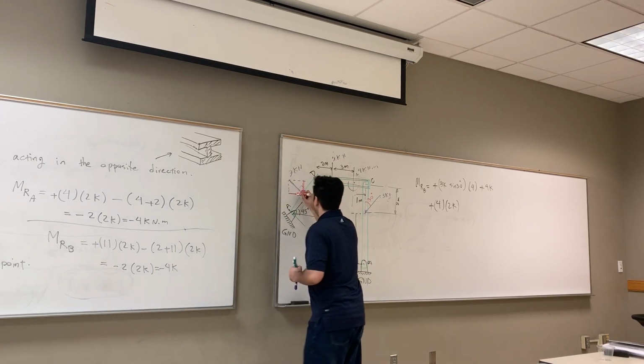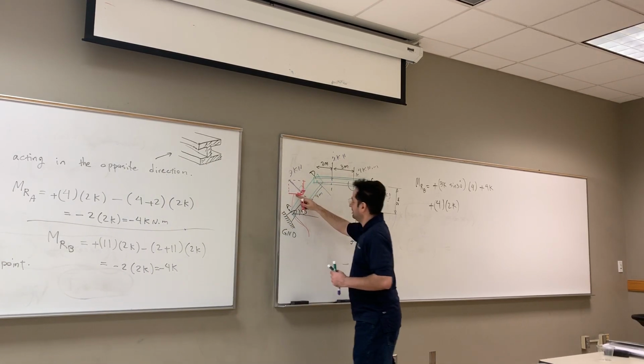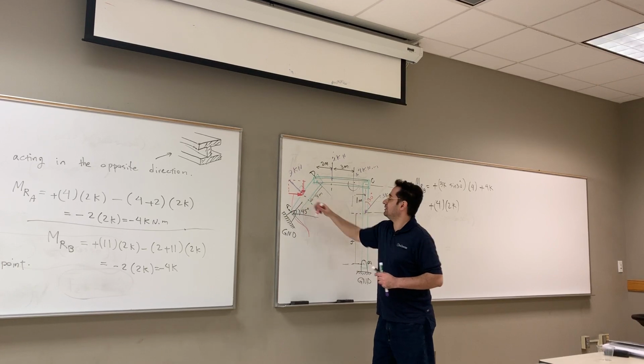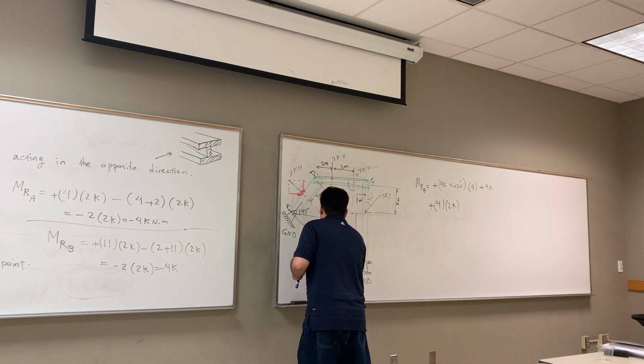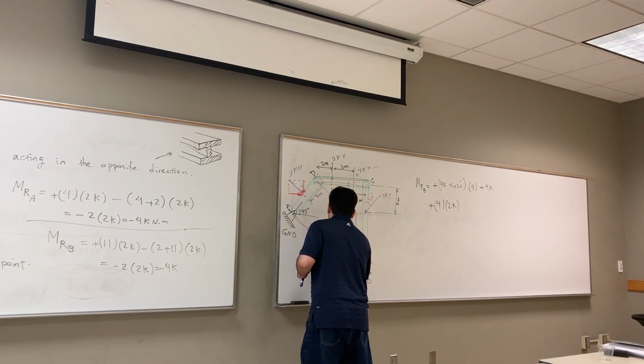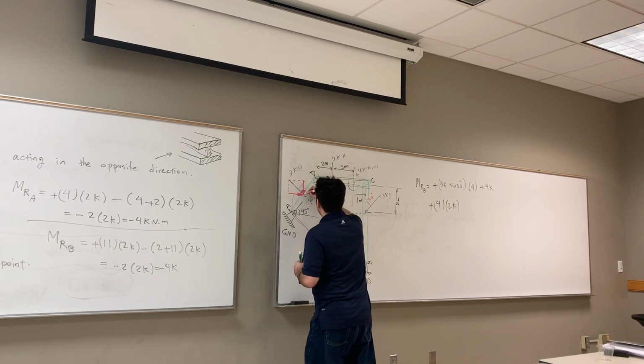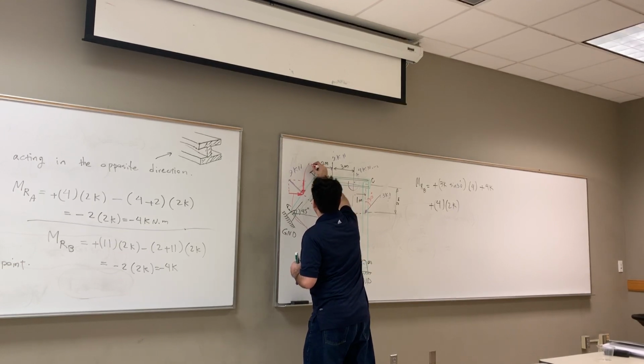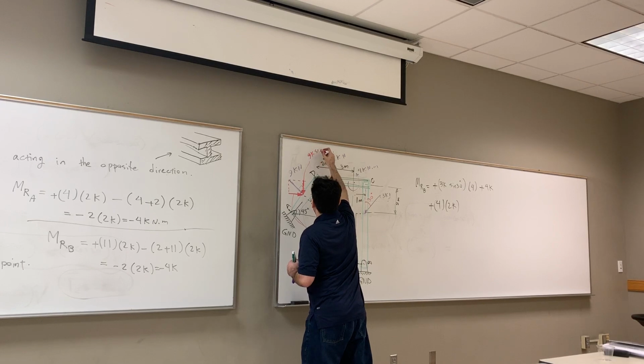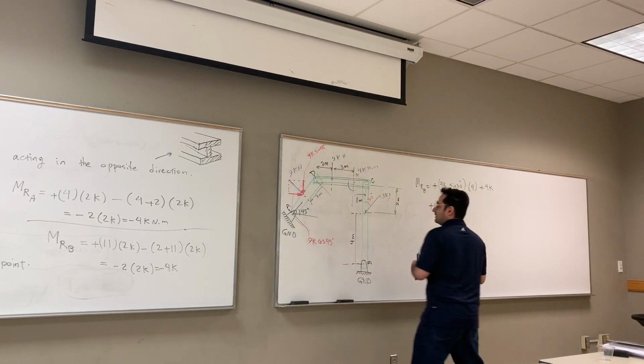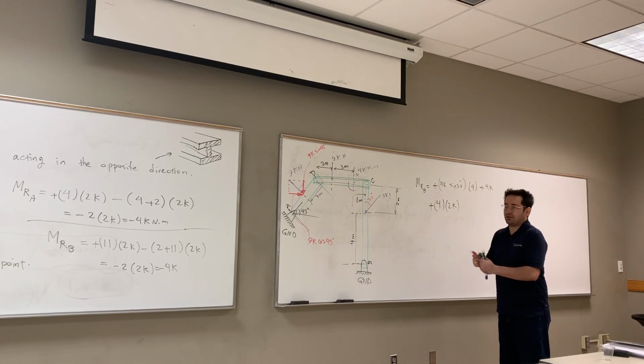So what's the value of this one? 9K cosine 45. And what's the value of this one? 9K sine 45. All right? So, break it up.